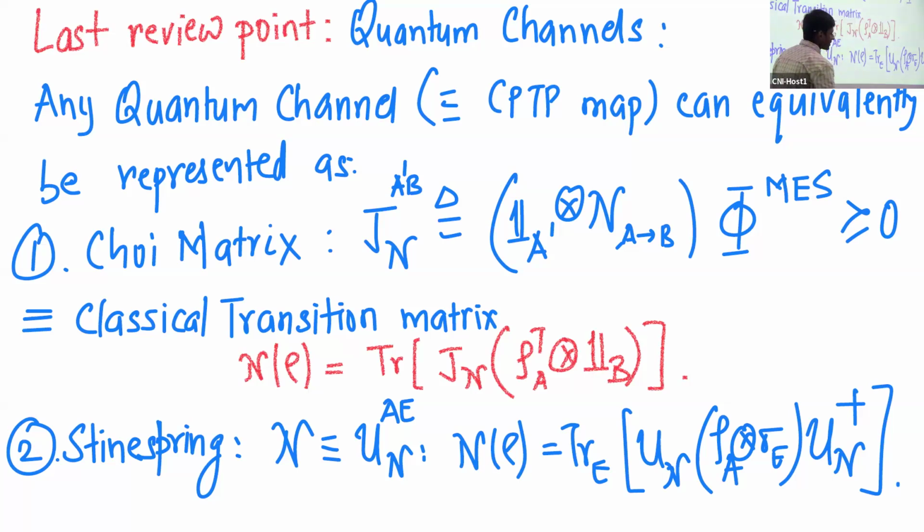Generally, this has to hold for all A and A prime, and B is the output of the channel. The way this state is defined, it is an input state to this joint channel, and it is defined over systems A prime and A. That's all it means. Okay.